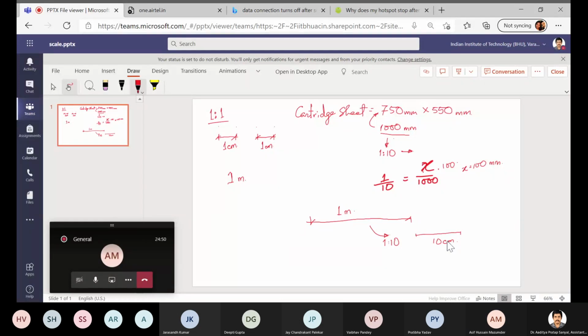Scale is very important when you're working in any type of map-based work. What is the size of a car? Can anyone tell me? Approximately, what is the size of a car?